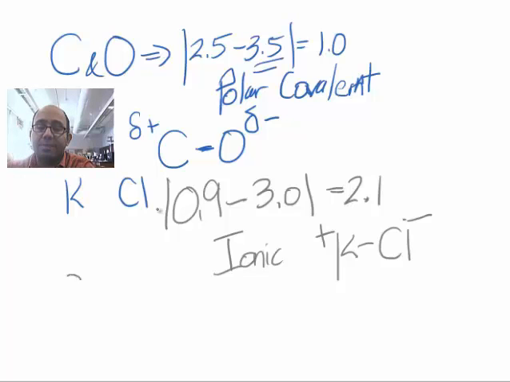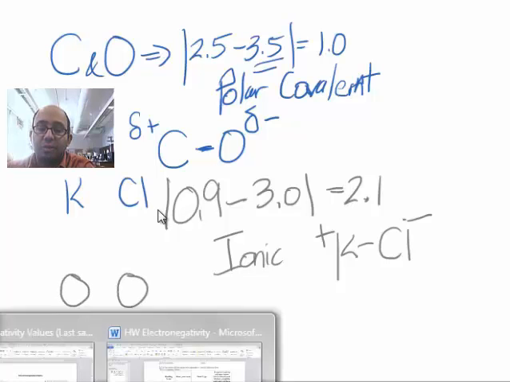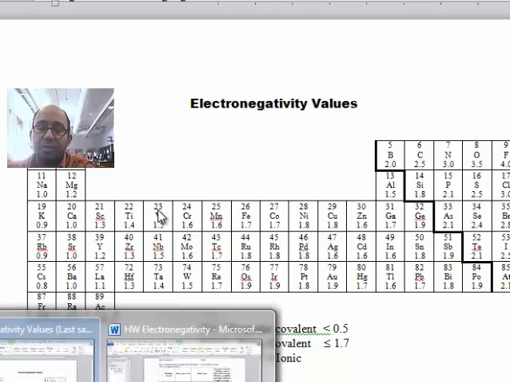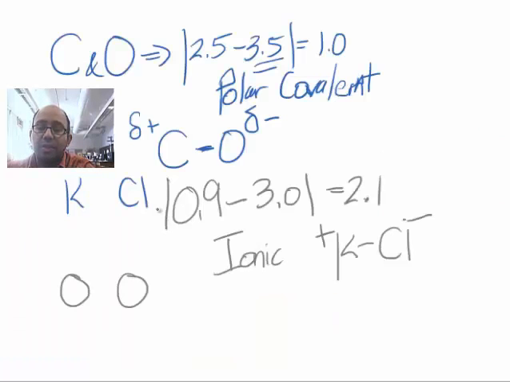And then the last example, we'll use the example I used on the last slide, 2 oxygens. We look up the value for oxygen, and oxygen has an electronegativity of 3.5, but there's 2 of them, and they pull equally on the electrons. You do 3.5 minus 3.5, you take the absolute value, and the value is 0.